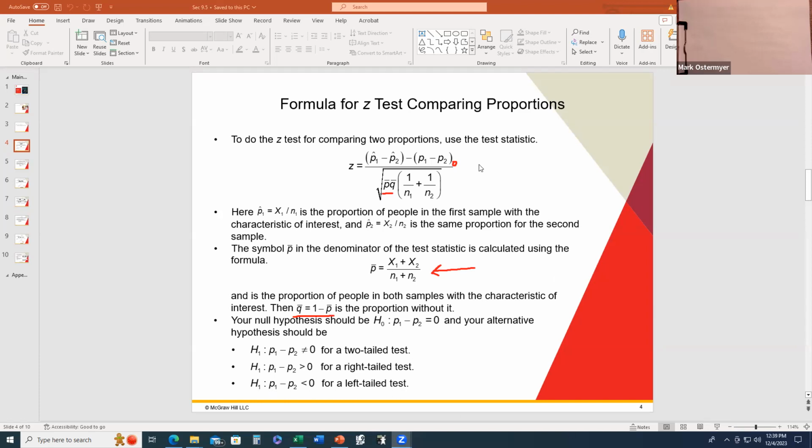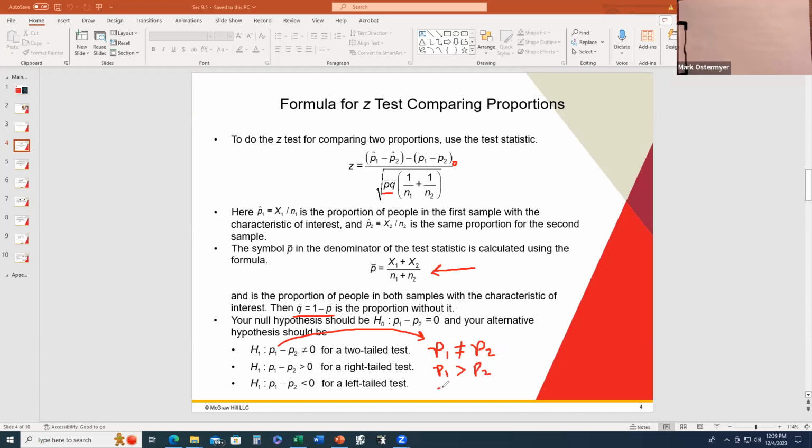So again, just keep in mind that the first statement here, to say that the difference is not equal to 0, is to say that the population proportions are not equivalent to each other. So this implies this. Likewise, this would imply that population proportion 1 is greater than population proportion 2.